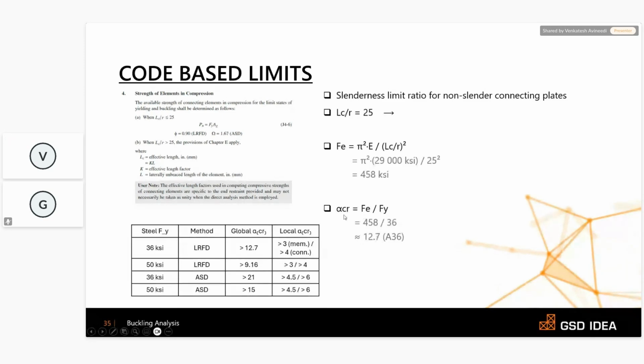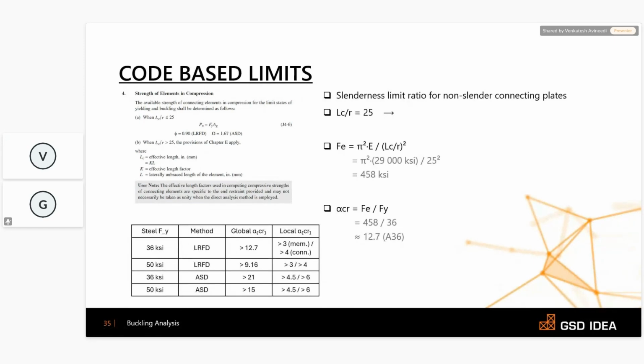If you have your custom grade like S355 or S460, you can substitute the E value along with Lc/r. This remains a constant because we are deriving it based on the Lc/r less than or equal to 25 equation. So based on this, you can calculate your own buckling limits for any material grade you use.